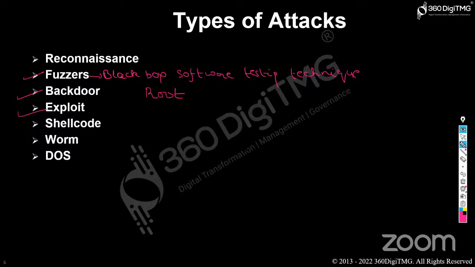Then we have something called shellcode. We know that shellcode has nothing to do with shell scripting, so why the name shellcode? The term shellcode was historically used to describe code executed by your target program due to a vulnerability exploit and used to open a remote shell.